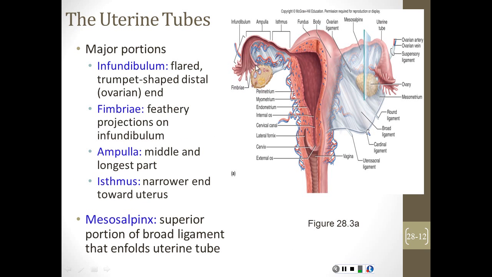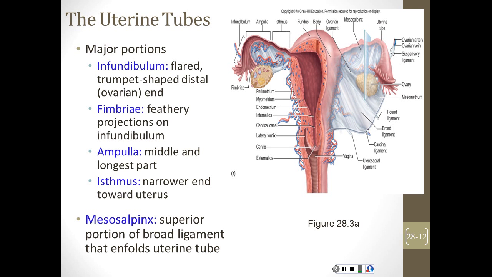The middle and the longest part of the tube is called our ampulla. Now near the uterus, it forms a narrow isthmus, and this is just the narrow end of the fallopian tube, this area right here.